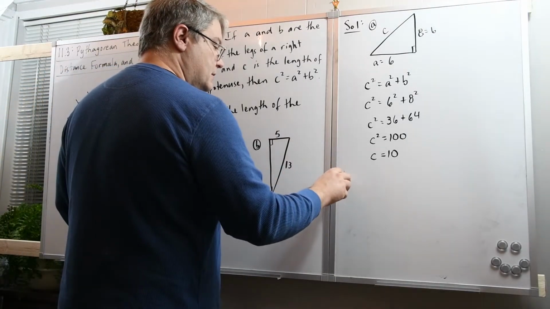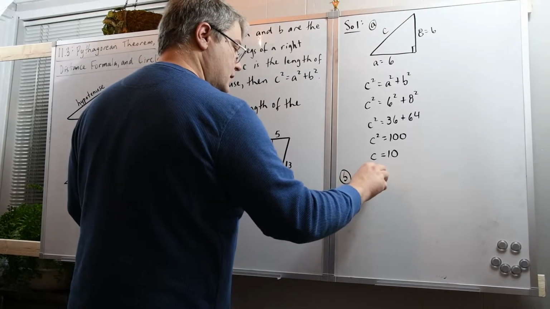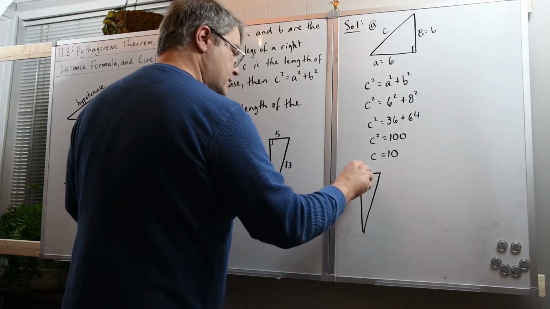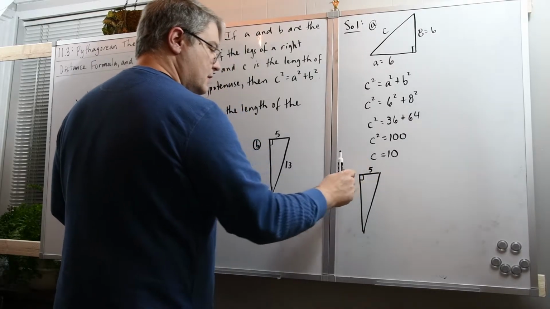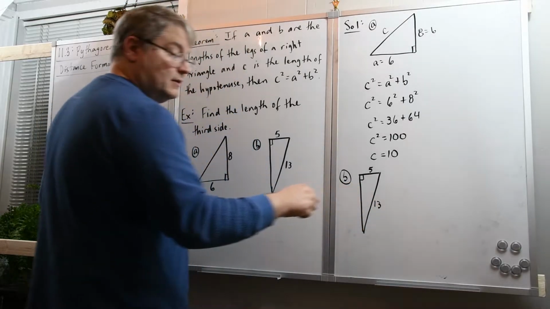Now we can do something similar with the other part here. We have another right triangle. For this right triangle, this side has length 5. We don't know the length of this side, but this side has length 13.